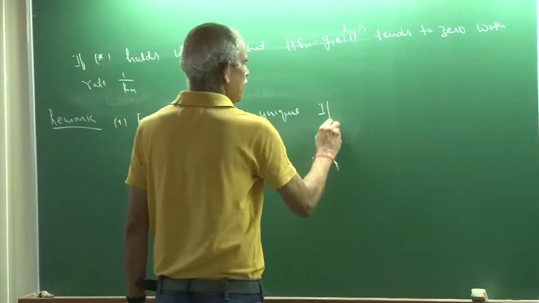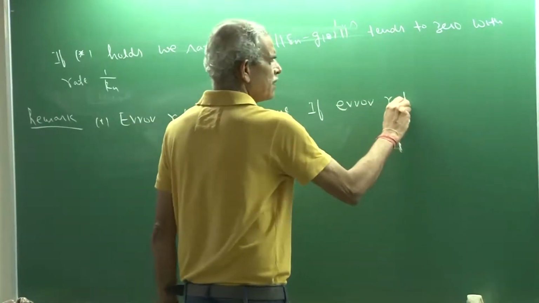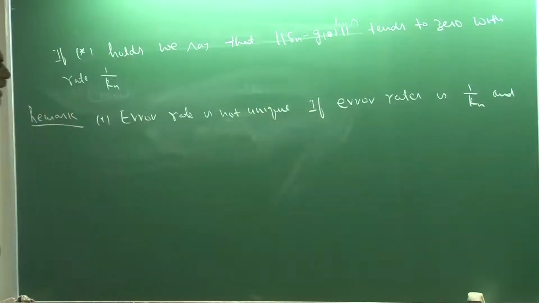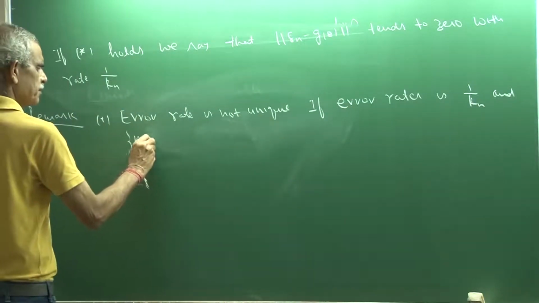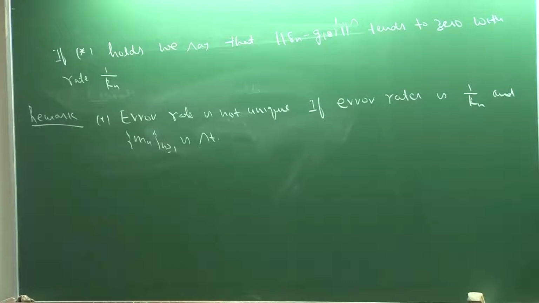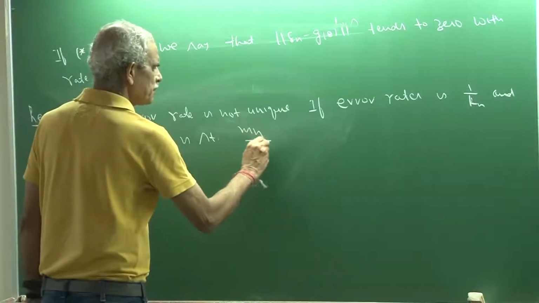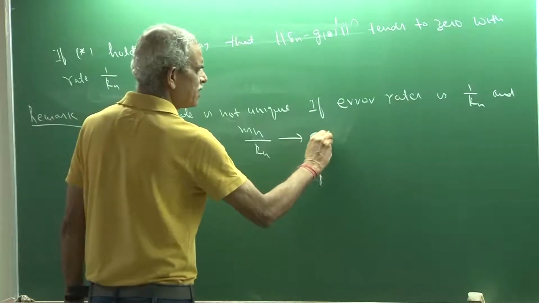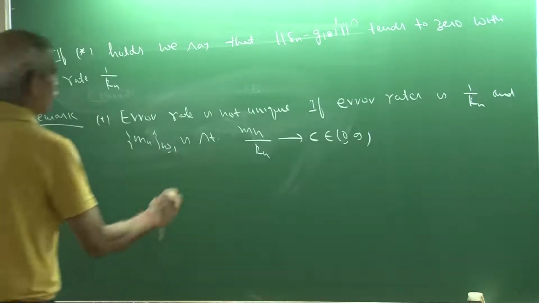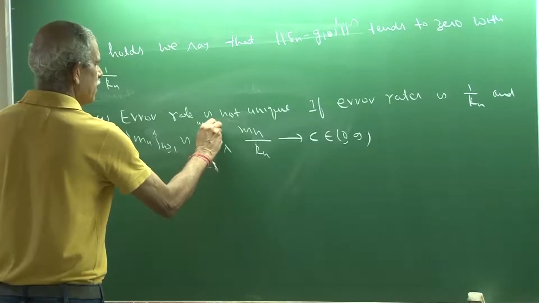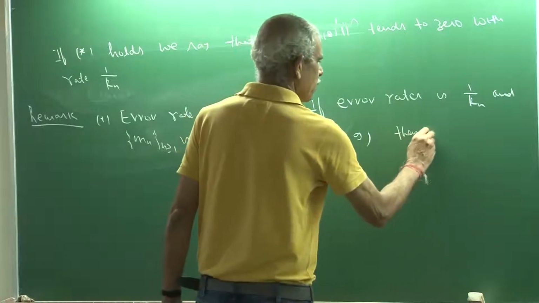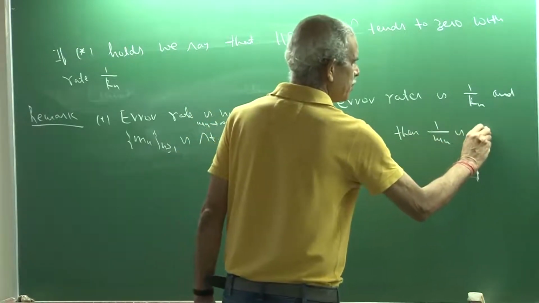So if the error rate is 1 upon Kn, and you have another sequence Mn such that Mn goes to infinity, but Mn by Kn goes to a constant C strictly between 0 and infinity, then 1 by Mn is also a rate.